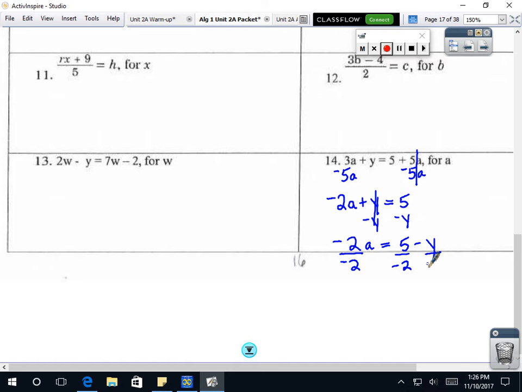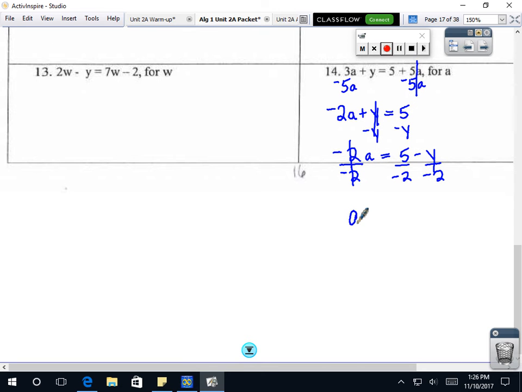Divide that by negative 2 and that by negative 2. Those cancel, leaving a by itself like we wanted. 5 over negative 2 will not simplify or reduce, so it just stays negative 5 over 2. And then a negative over negative becomes positive y over 2. A equals y over 2.